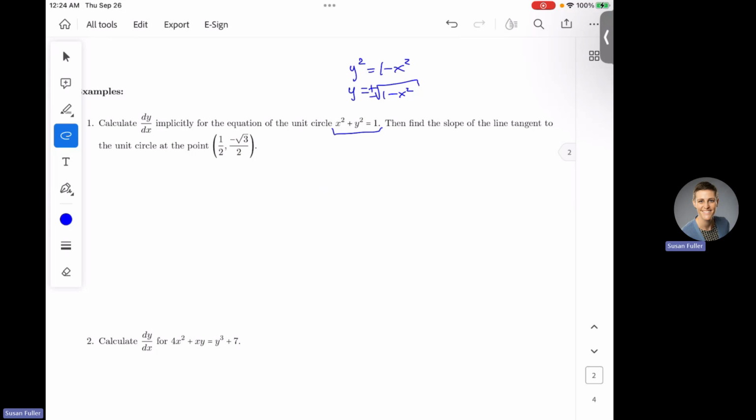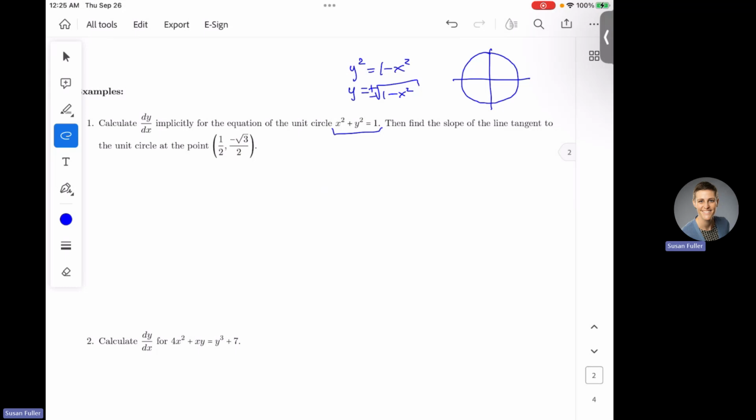What happens is, to include the entire graph of this equation, you need to break it into two functions. This x squared plus y squared equals 1 is the unit circle. Pretend that's a circle. Use your imagination for me. And when we solve for y like this, we get a positive square root and a negative square root.